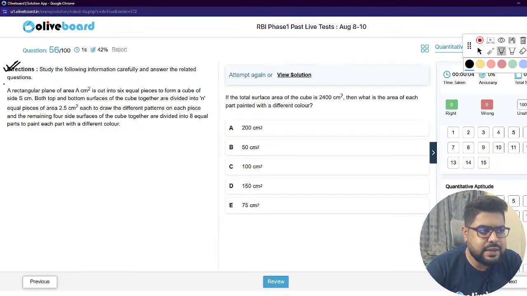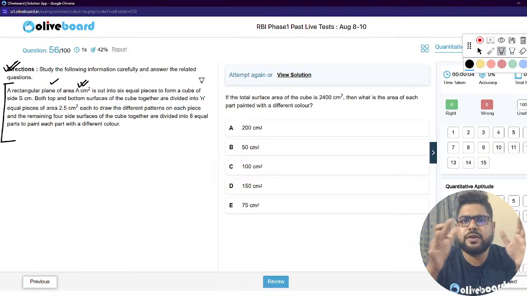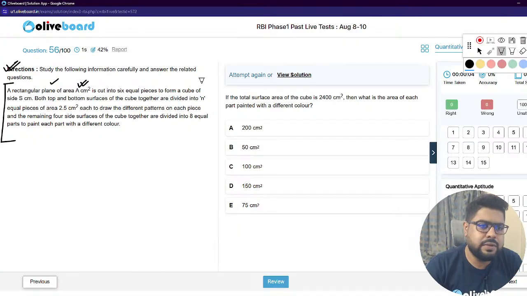A rectangular plane of area capital A centimeter square is cut into 6 equal pieces to form a cube. Very simple. That means I'll attach all the 6 pieces to get a cube of side S centimeter.